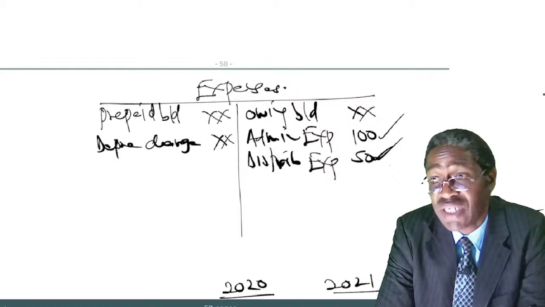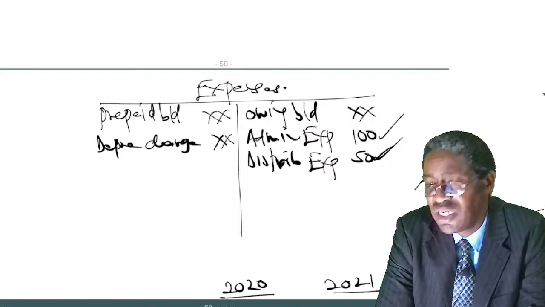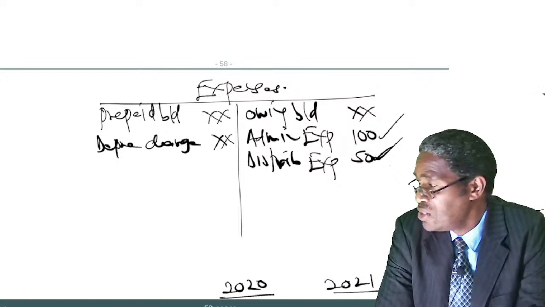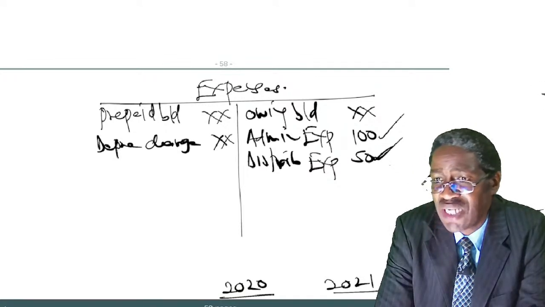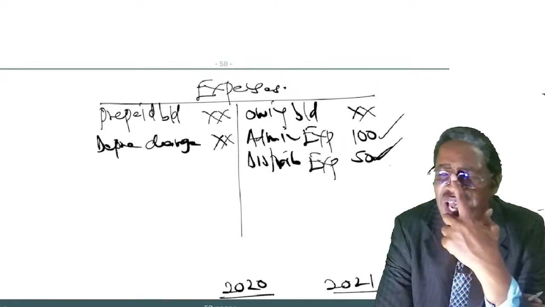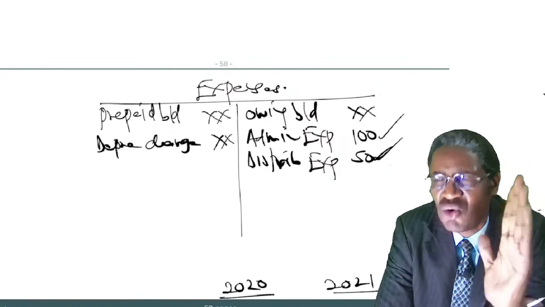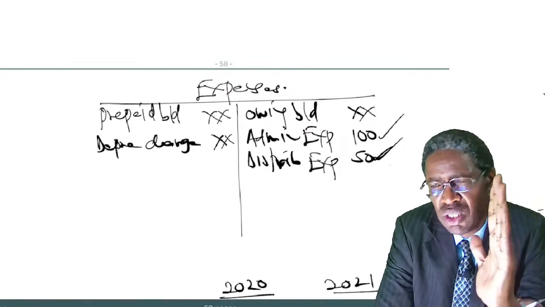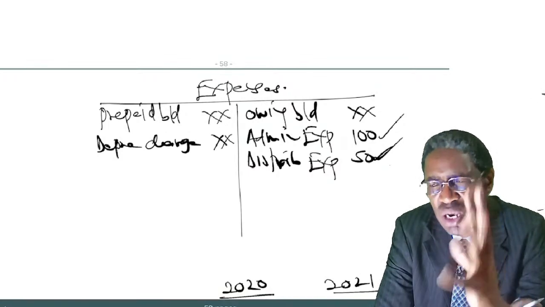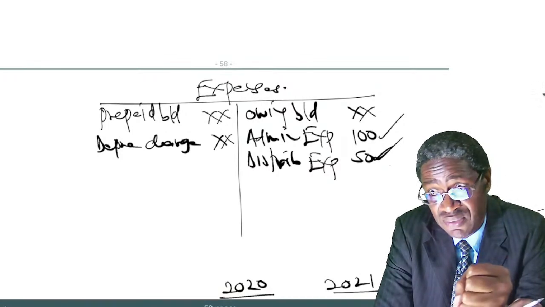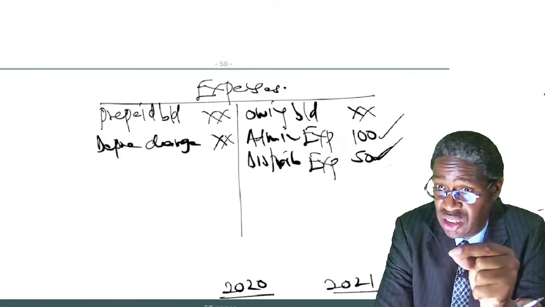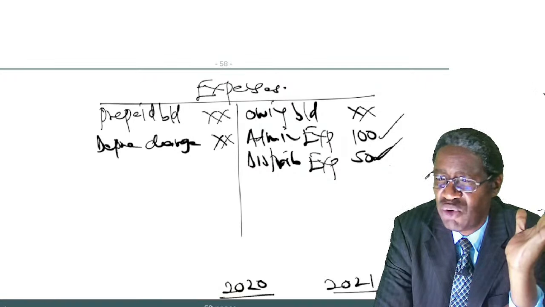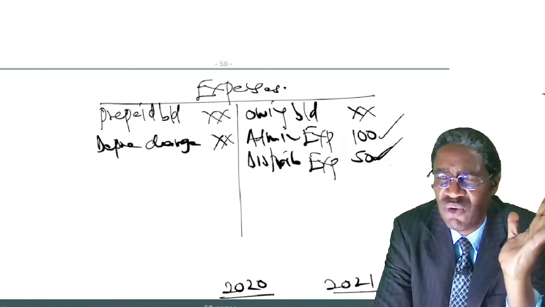Somebody chat now, chat and give me a few examples. There are too many examples of expenses that your company could have incurred and which don't involve cash, but you must have put them somewhere, yet they are not involving cash.